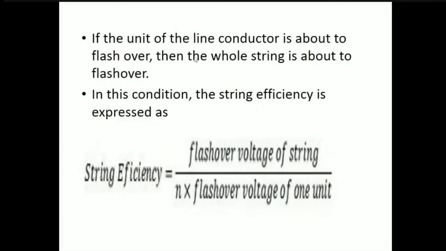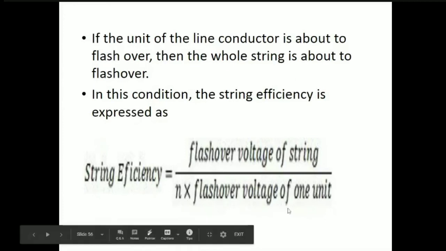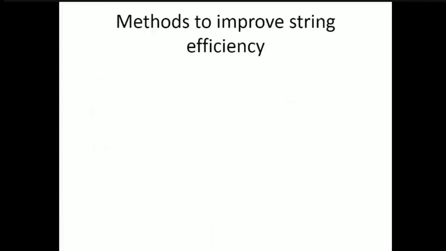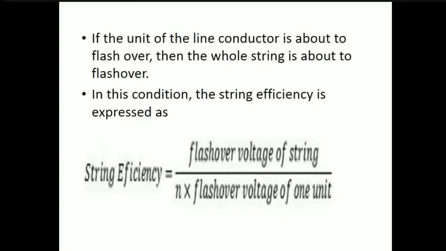If the unit at the line conductor is about to flash over, then the whole string is about to flash over. In this condition, the string efficiency is expressed as the flashover voltage of the string divided by N into the flashover voltage of 1 unit. So, it is better to have greater string efficiency.